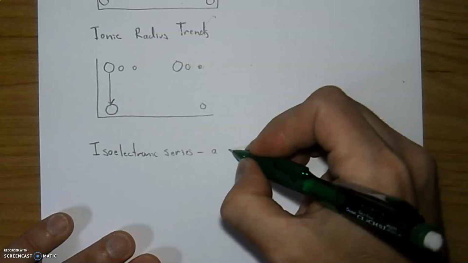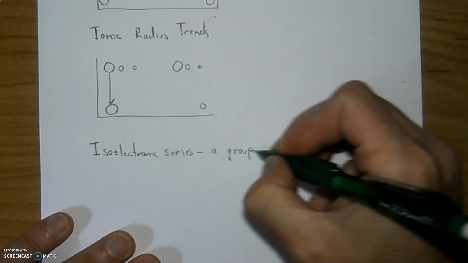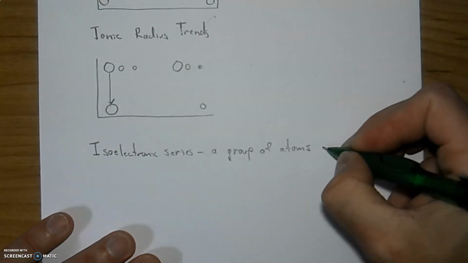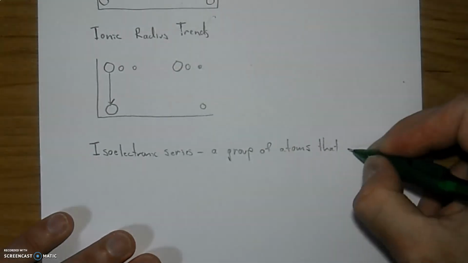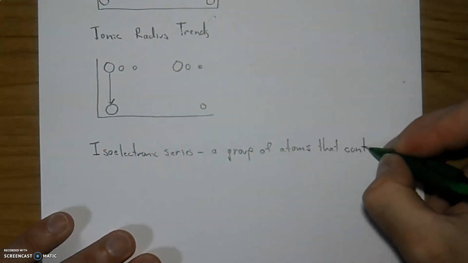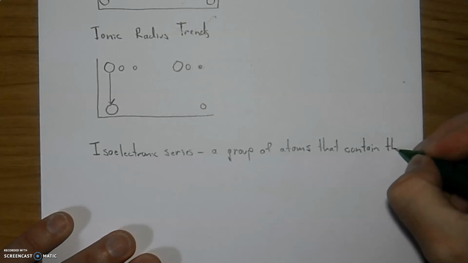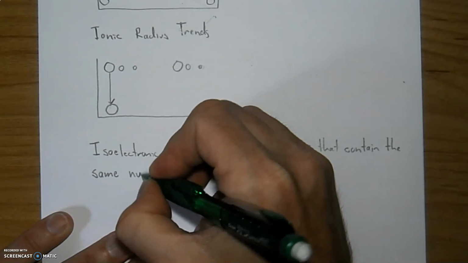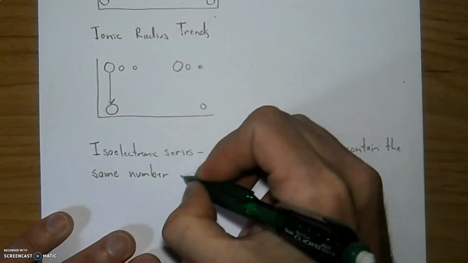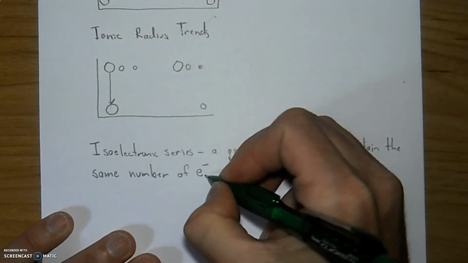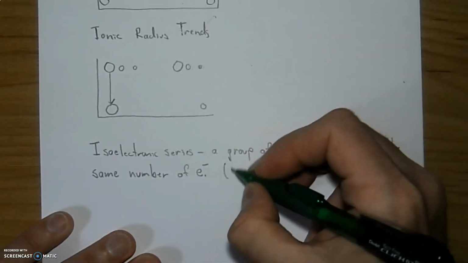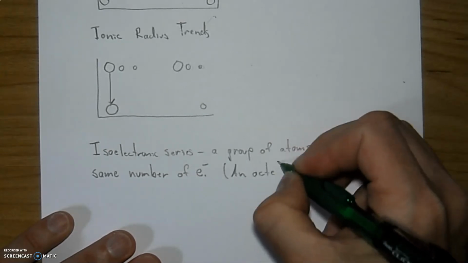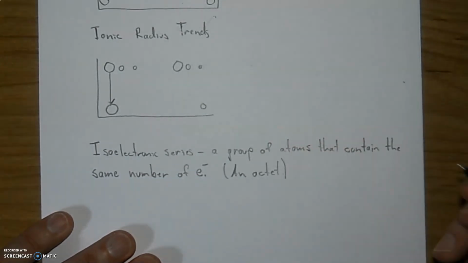Specifically, it is a group of atoms that contain the same number of electrons. And typically, when we have this conversation, we're talking about an octet, 8 electrons on the outside.